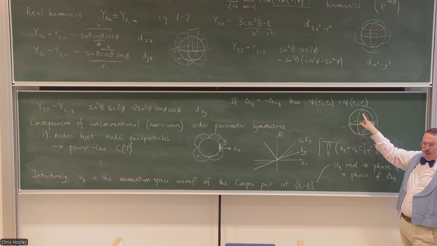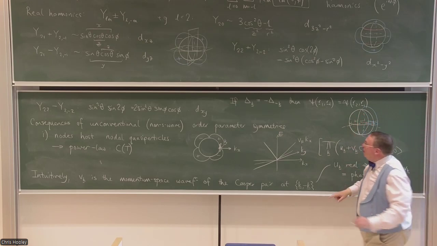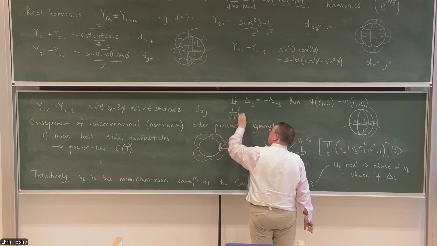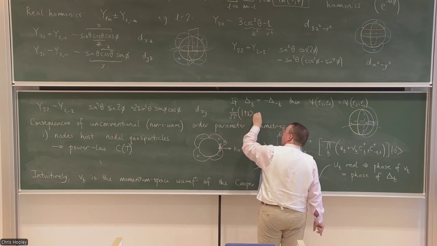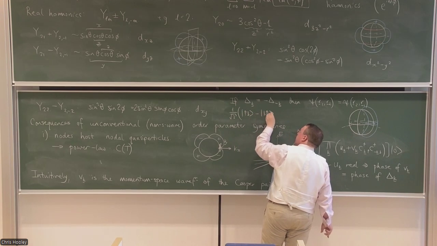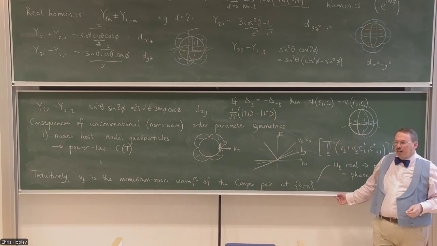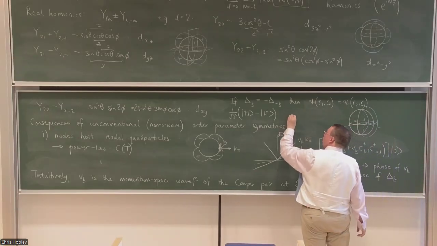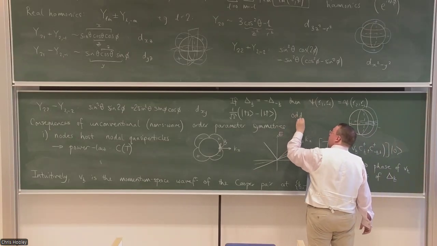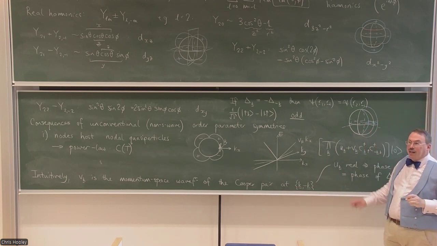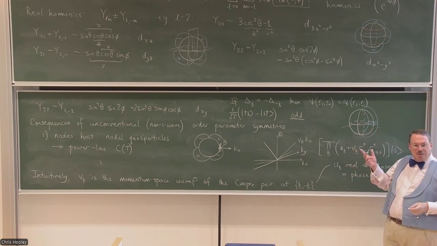This is the spatial part of the wave function, however. The full wave function also has a spin part, which for singlet pairing is the usual singlet expression, and that's odd under exchange of the particles, i.e. it changes sign when you exchange the particles.